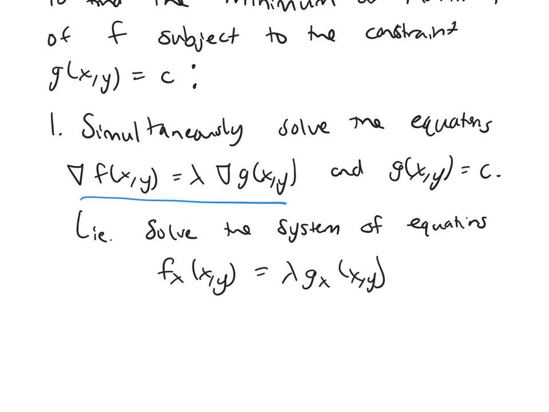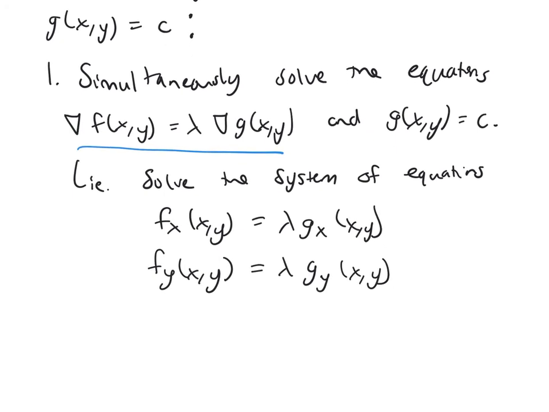The i components have to be the same, and then your j components. And then you also need your constraint equation from here. So g of xy equals c. So you're solving this system of equations right here.